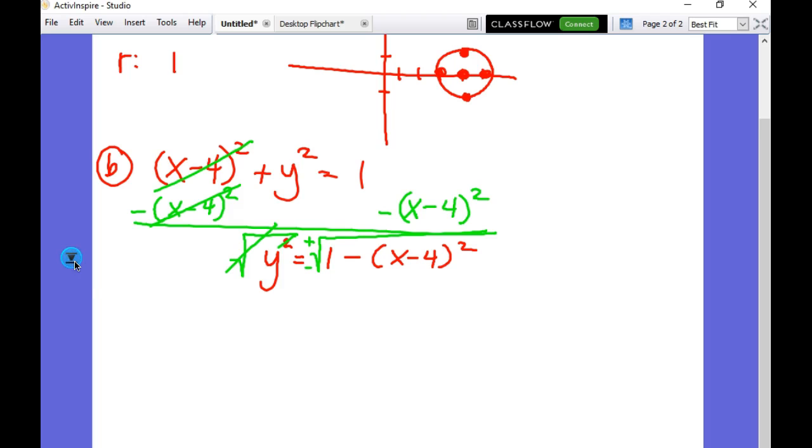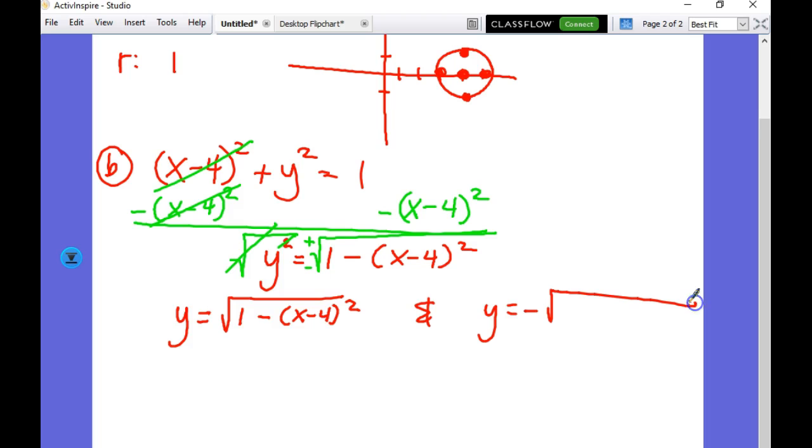Which means we actually have two equations now, don't we? We have y equals a positive square root of 1 minus (x minus 4) squared, and we have y equals a negative square root of 1 minus (x minus 4) squared.